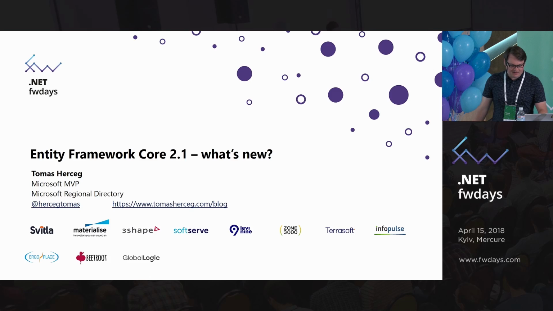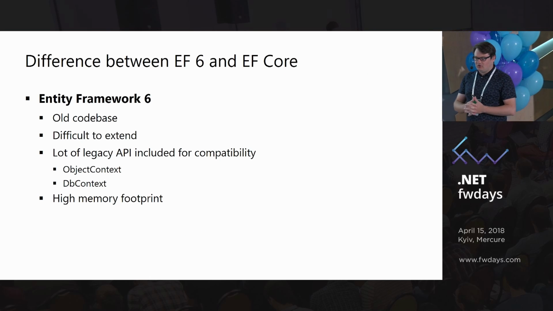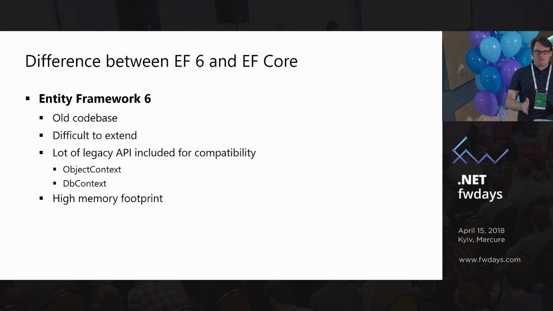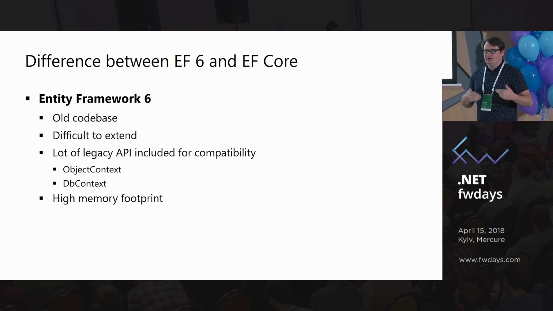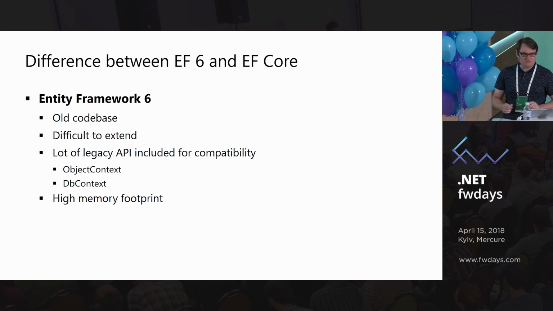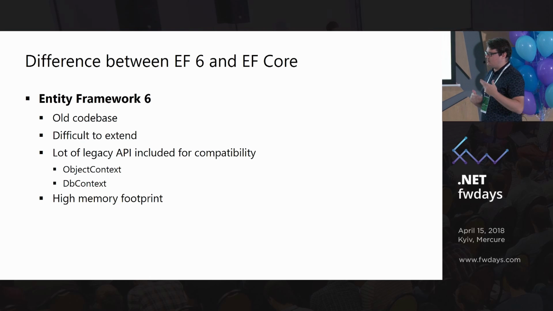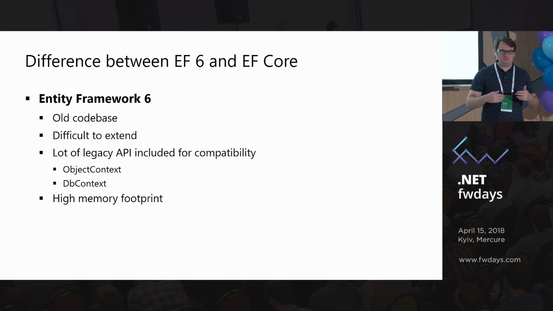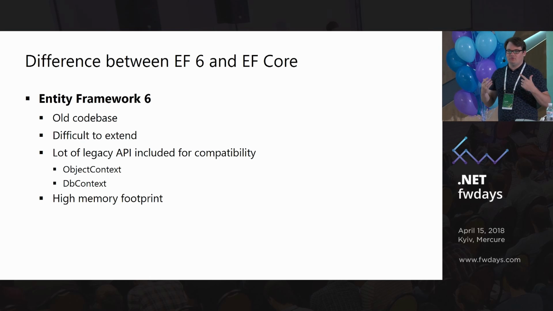Okay, so let's look at the new features of Entity Framework Core 2.0. Maybe a few reasons why Microsoft started over and started working on Entity Framework Core in the first place. So the biggest issue of Entity Framework 6 is for me that the code base is very old. So it was very difficult for Microsoft to deliver new features.